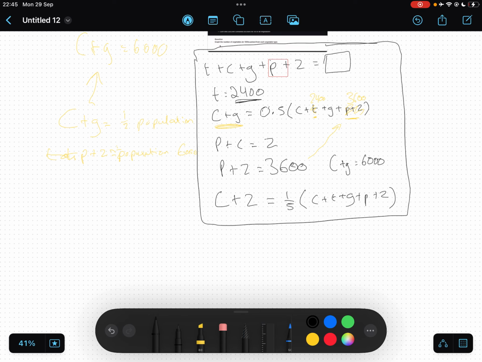So C plus Z is, okay, this is half the population, right? 6k. So if half the population is 6k, we can update this. 12k is the total population. We can also update this now, so that's 1/5 of the total population. 1/5 of the total population is 2,400. So these are some new equations we have here now.